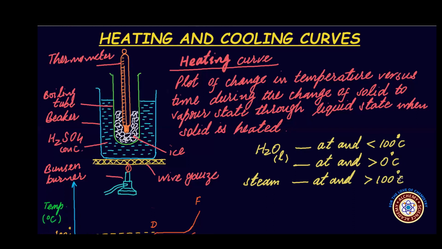It cannot exist below 100 degrees Celsius. And likewise, ice, which is the solid state of water, exists at and below 0 degrees Celsius. Now why this happens, let us explore.